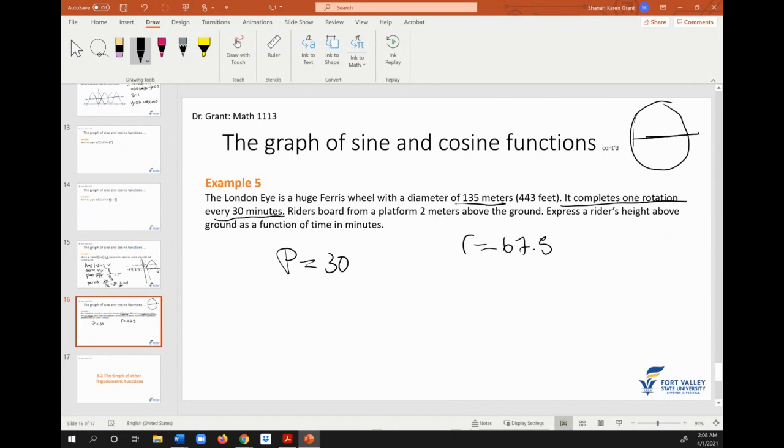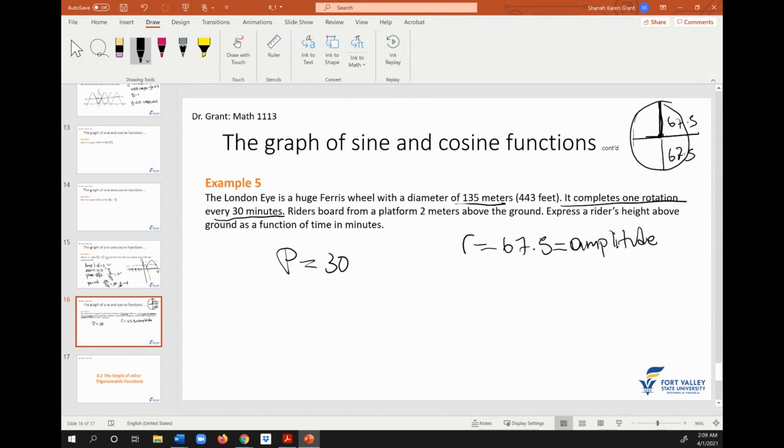As it goes up, it's going to go up as high as the radius, which is 67.5, or it's going to go down, which is also 67.5. So this is our amplitude here. Alrighty. All right, so what else do we need? We have our amplitude.